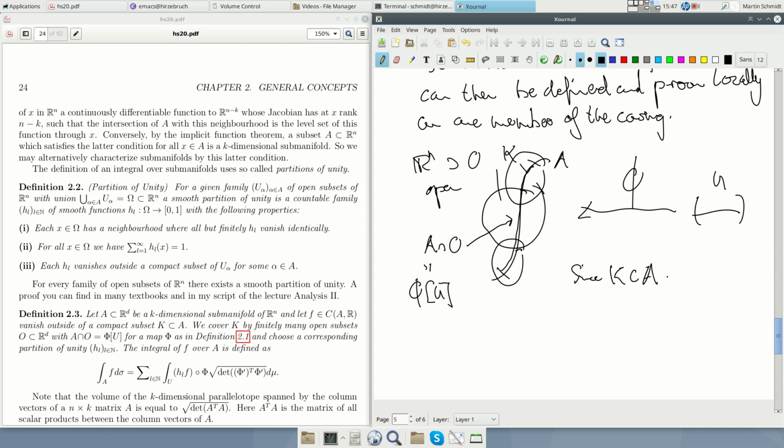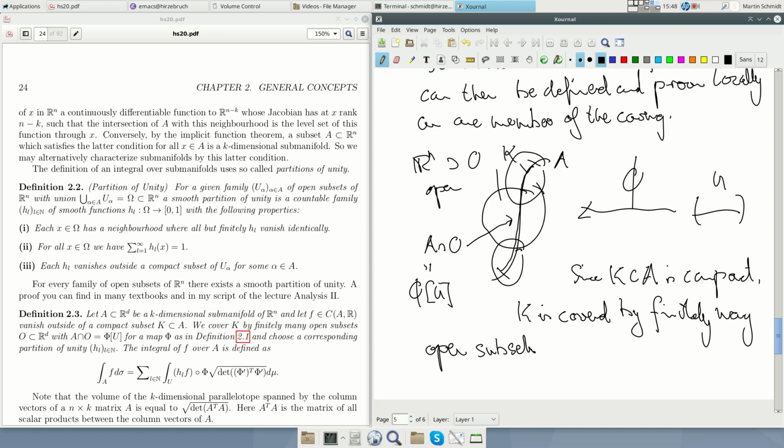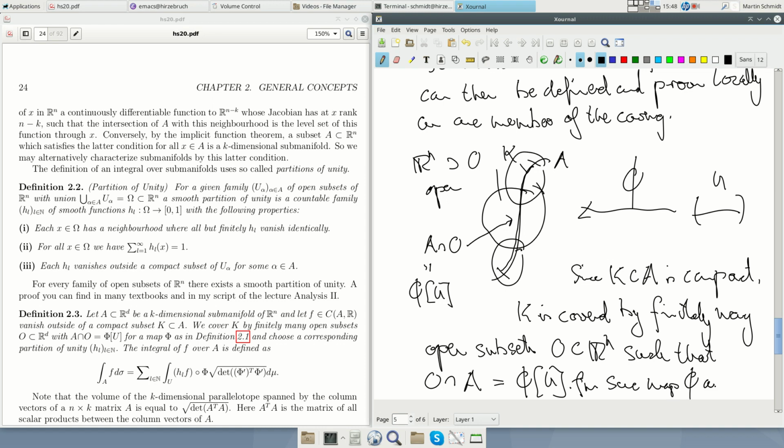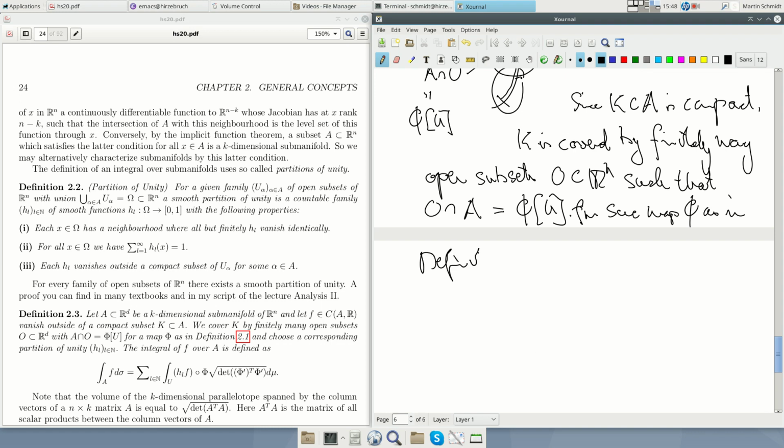Since K is compact, K is covered by finitely many open subsets O of R^n such that O intersected with A is phi of U for some map phi as in definition 2.1.